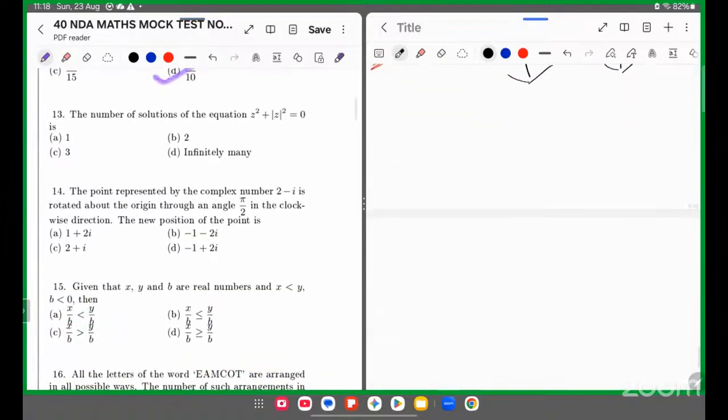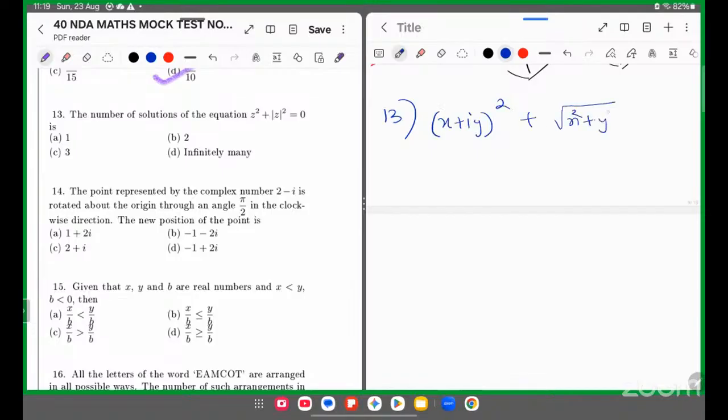Question number 13. The number of solutions of the equation z square plus mod of z square equal to 0. That means if I put z equal to x plus iota y, so x plus iota y whole square plus under root of x square plus y square the whole square equal to 0.